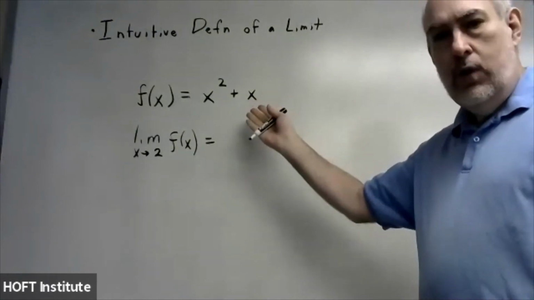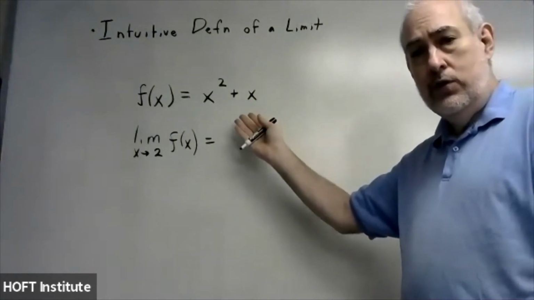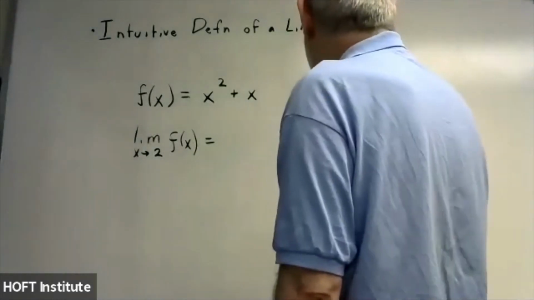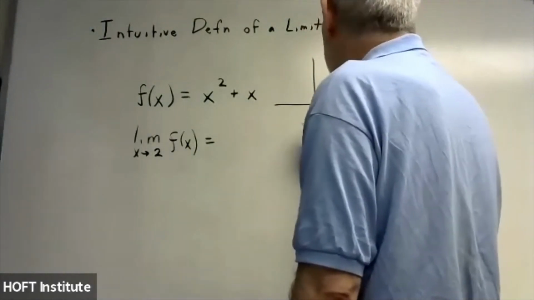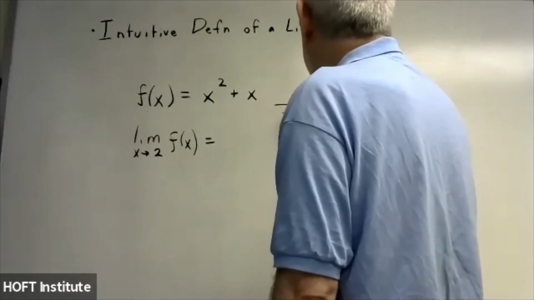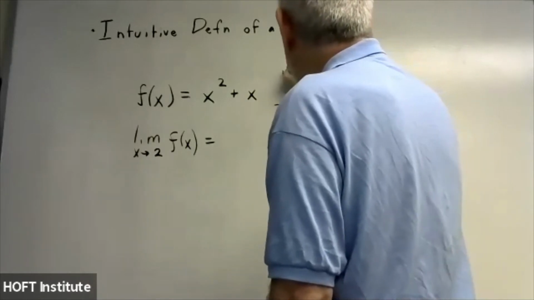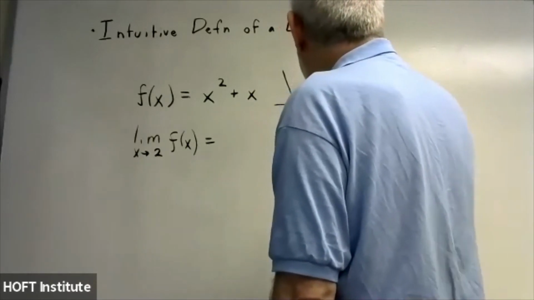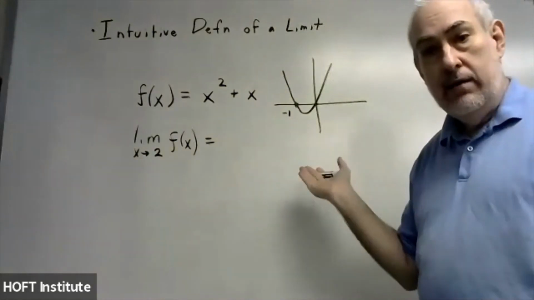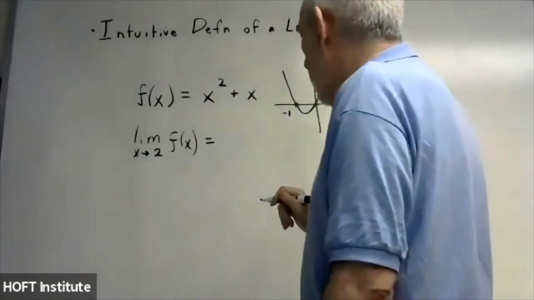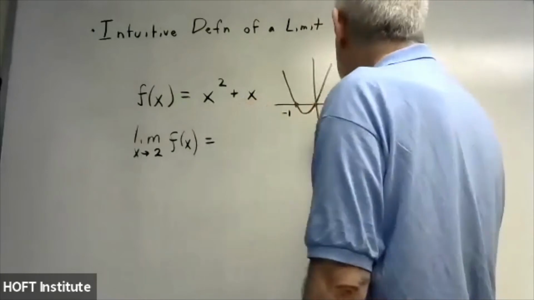You know that x squared plus x is a parabolic function. So the graph is going to look something like that. And at x equals 2, you would get 6.